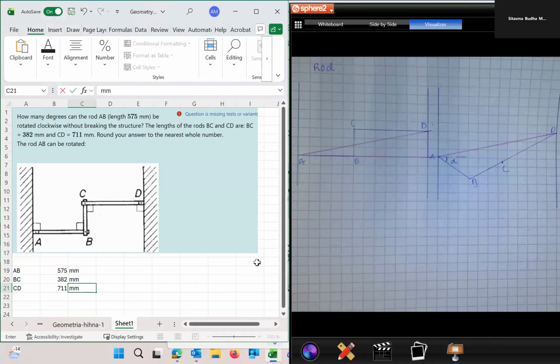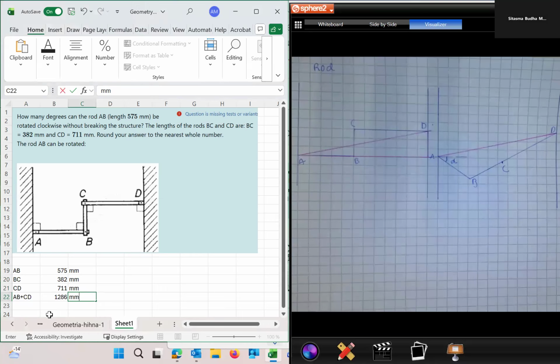And then BC. AB plus CD would be this, so I know the length of that side, obviously.